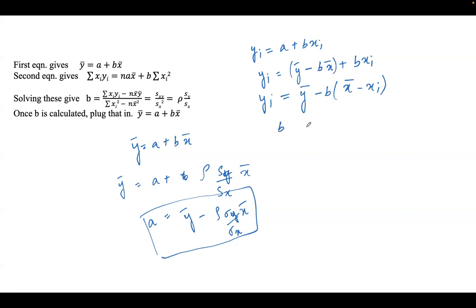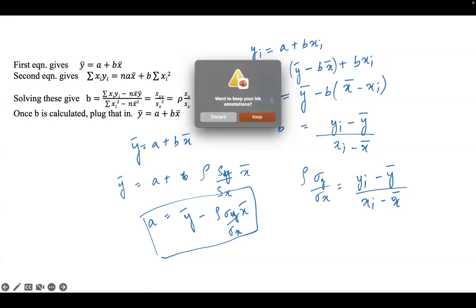So b is equal to yi minus y bar upon, and the minus sign should go, xi minus x bar, right? And then we know what the b value is, right? This is rho sigma y by sigma x, that is equal to yi minus y bar upon xi minus x bar. Yeah, I hope this is the same thing which was written in the question.